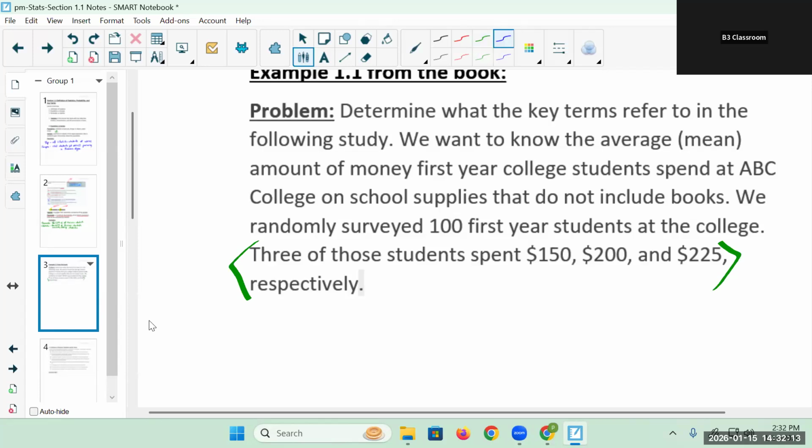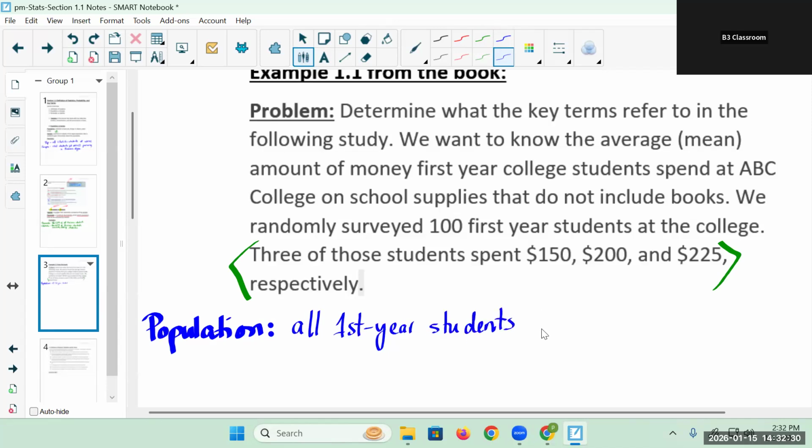So my population will be all first-year students at ABC College.